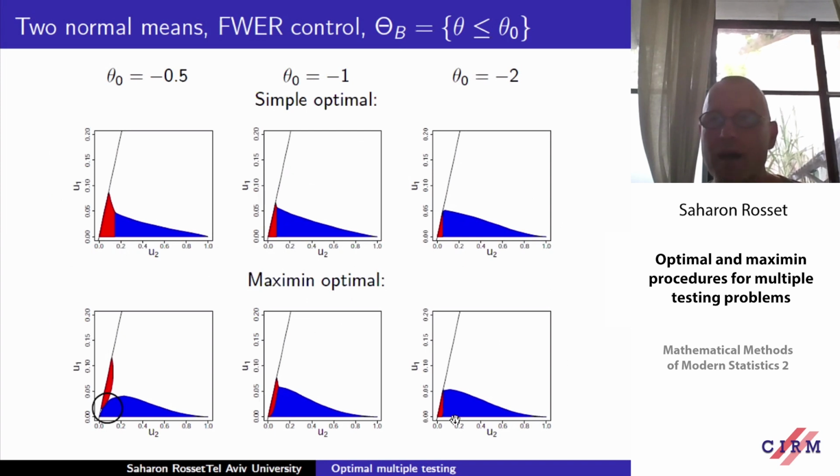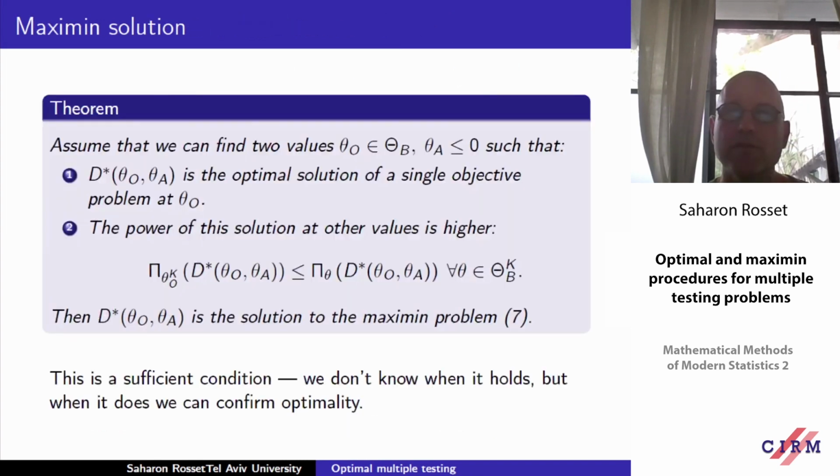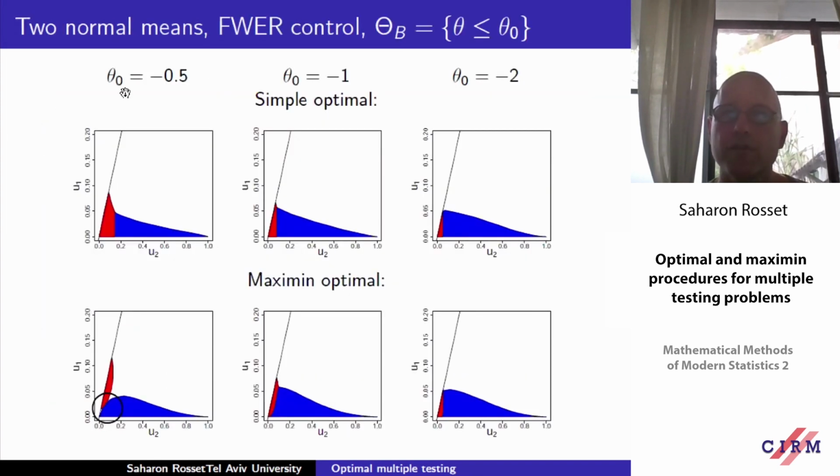At the bottom is the maximin solution. And here at the top, theta equals -0.5 on the left is the value of the alternative we are considering. And at the bottom left, it's the highest point in theta b. So theta b is, in this case, from -0.5 to -infinity. And we see the difference in rejection regions we get from the simple solution to the maximin optimal solution.